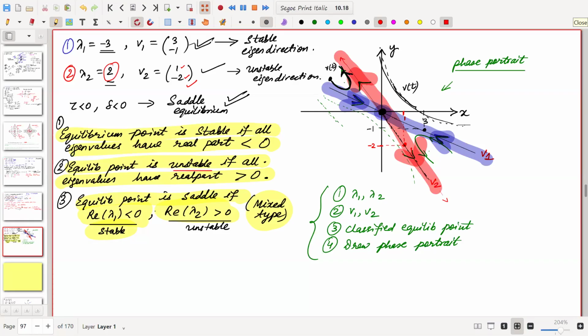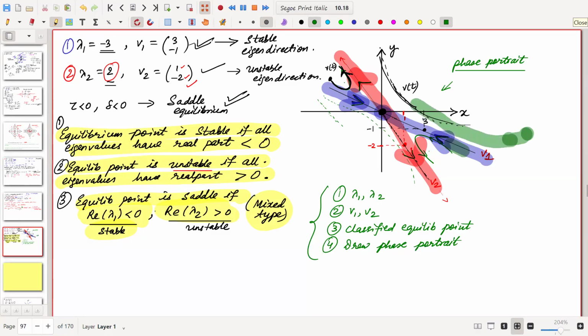Due to these two directions, you see behavior like this. Let us take one point here. If you start from here and integrate your system, the flow will continue along this direction, because this is the eigenvector direction toward the equilibrium point. So it is approaching like this.